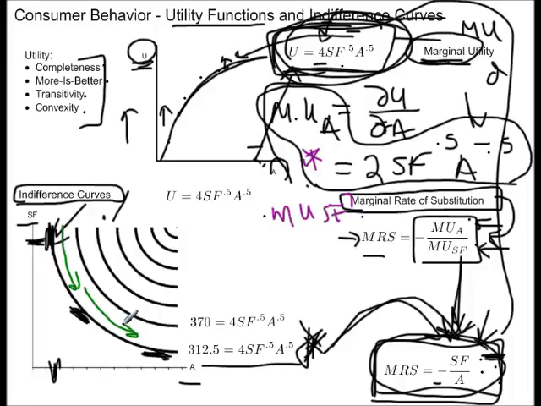It becomes closer and closer to zero, so that by the time I get down here, it's not zero, but it's a number very, very close to it. At this point right here, I've got very little starfruit, but a whole bunch of apples. Again, thinking about my ratio, a very small number in my numerator and a very large number in my denominator. Yep, the slope, the marginal rate of substitution, is going to be low.